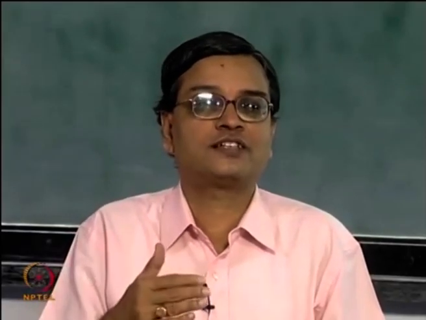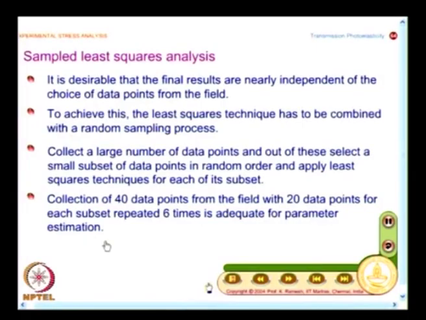For 4 unknowns, they suggest, based on experimentation, collect 40 data points, and from the 40 data points at a time randomly select 20 of them and repeat this process 6 times, and finally you take the average of this, you will have one unique value for the F sigma, and this is called sampled least squares analysis.